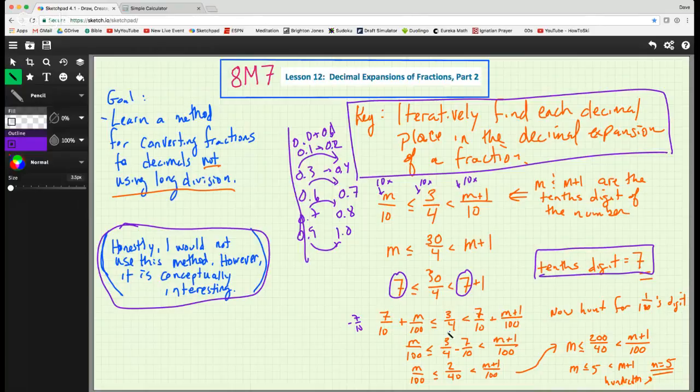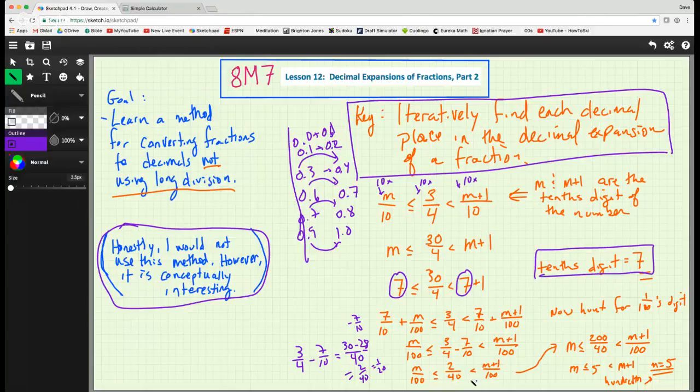Now if we do that fraction subtraction, we get over 40: 30 minus 28 is 2, so that equals 2 over 40. We could call it 1 over 20 if we wanted to, but we'll just leave it as 2 over 40.